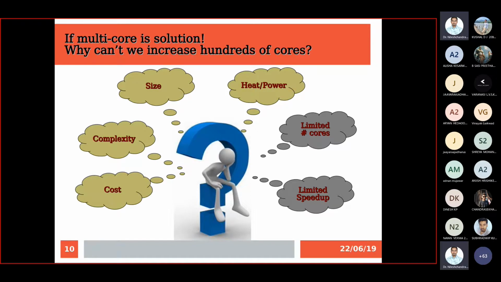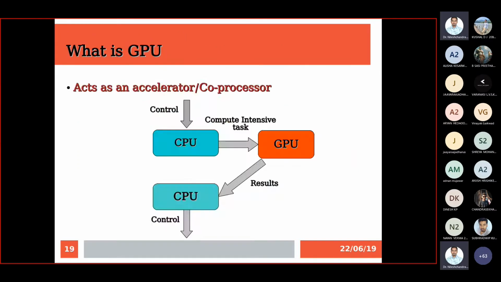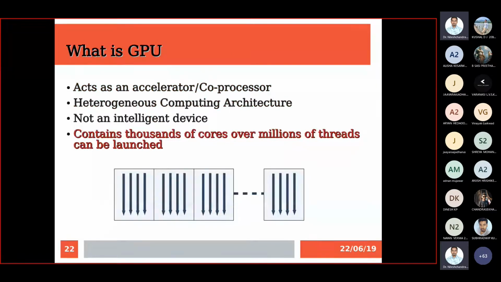That is almost 20 times more than CPU cores, and that too very advanced CPUs, which are very costly, with 100-plus cores on the CPU side. So these are the limitations of the CPU side, but we still have GPUs with thousands of cores, over which millions of threads can be launched.